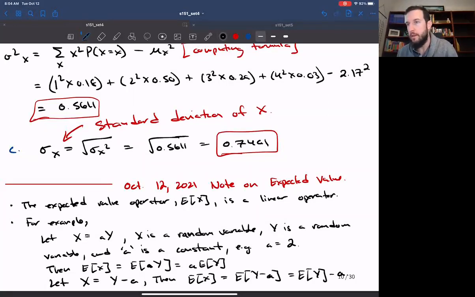So the point of these examples is to illustrate that suppose we have the expected value of some random variable. For example, on assignment number 2, we have the expected value of X because that's what we have to find in question 4A.